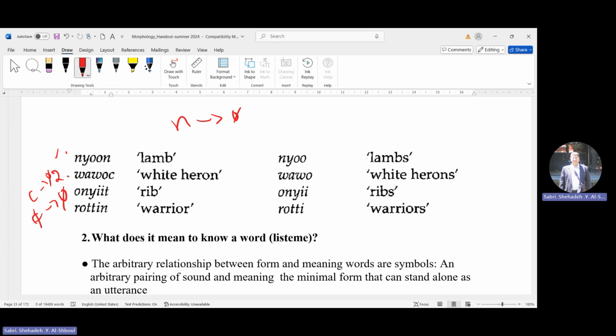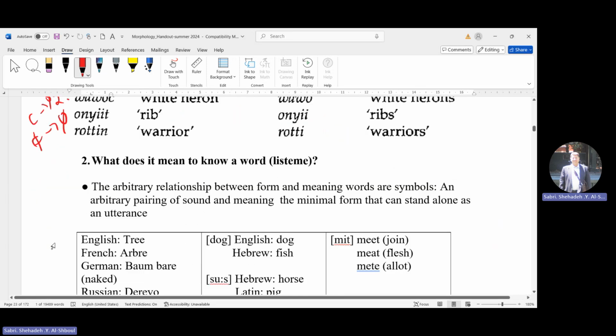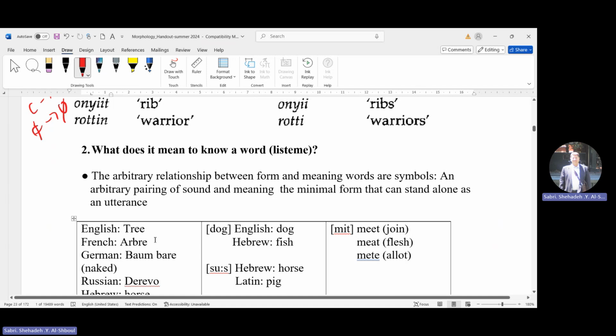And rotten warrior, which is roti, and here we have the deletes. And then we have a kind of consonant that deletes, right? When it is in the final position of the word. So actually, here we talk about different mechanisms of how morphology deals with certain phenomena like this.